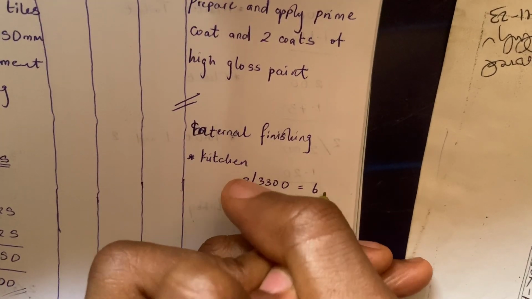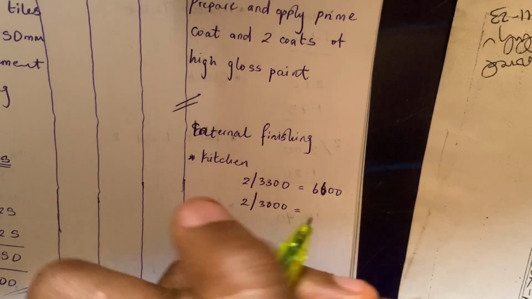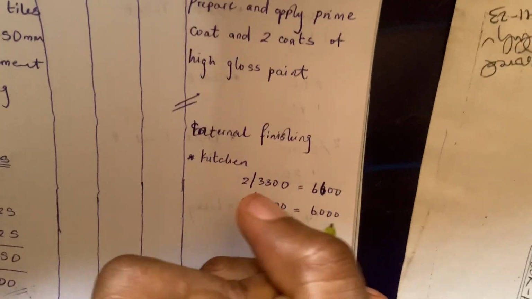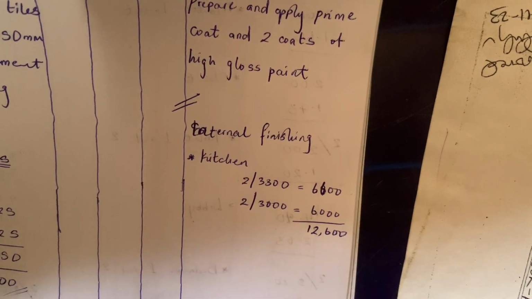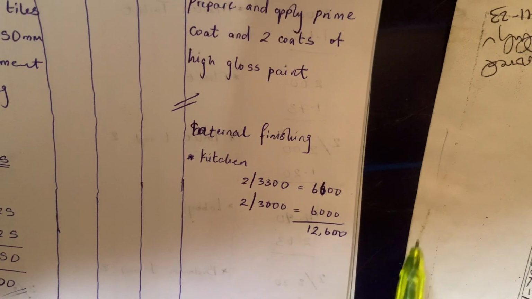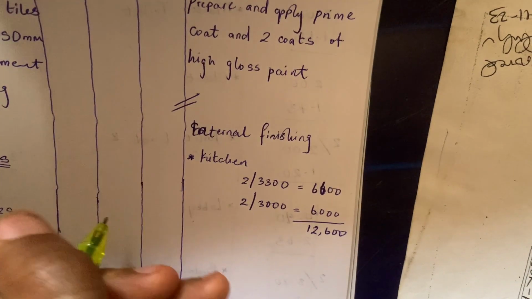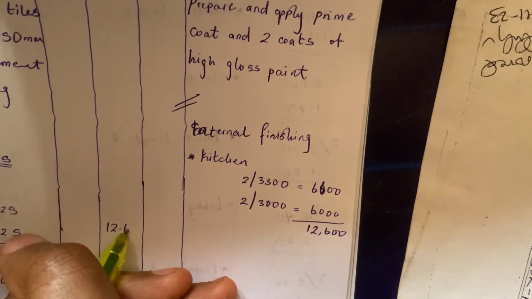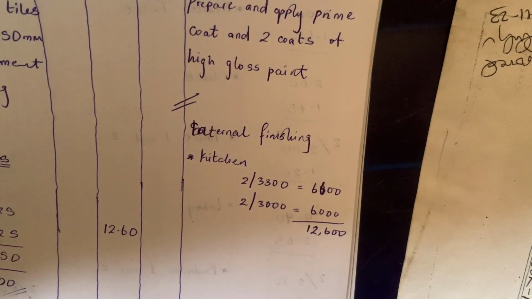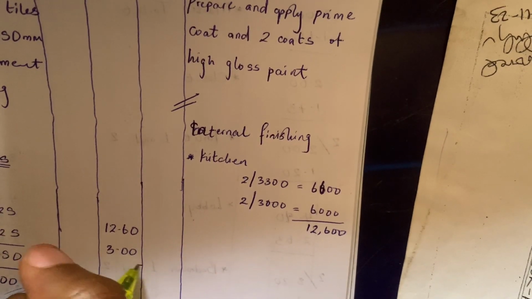That will give me 6,600 and 6,000. Add them together to give me 12,600. Now doing this, we've gotten the perimeter of the wall inside the kitchen. So we book 12.60 by the height of the room, which is 3 meters, that's 3.00, and then we close.